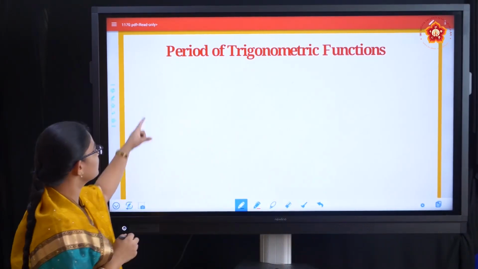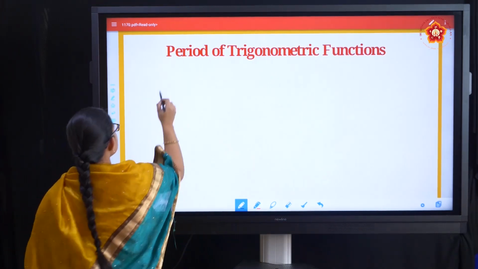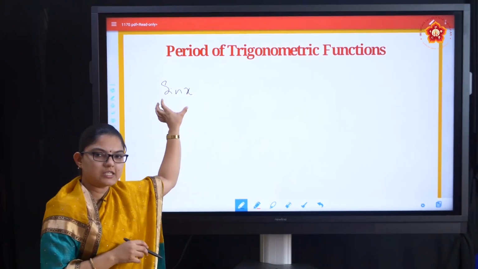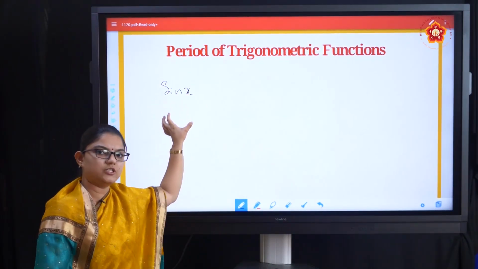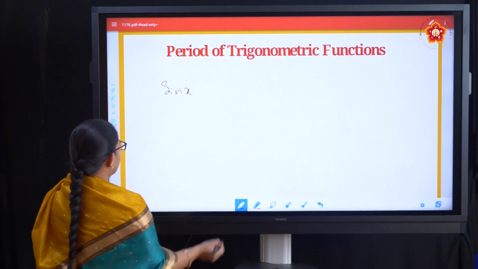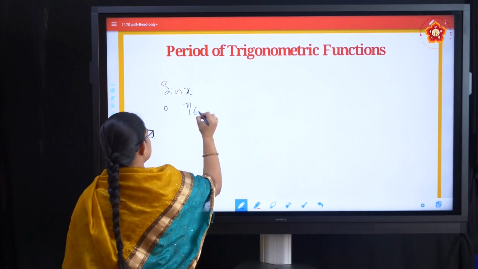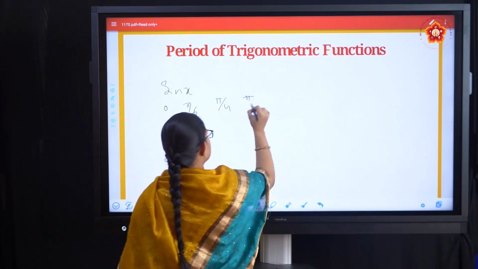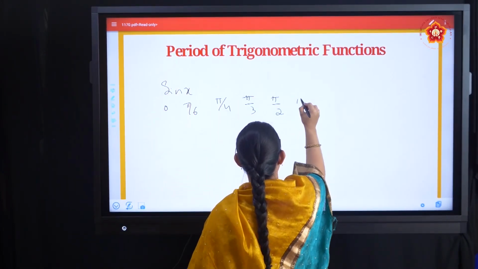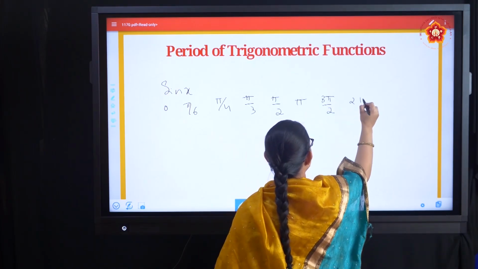Now let us discuss the period of trigonometric functions. Coming to the sine function, we know that the value of sine repeats after 2 pi. We know the values for sine at 0, pi by 6, pi by 4, pi by 3, pi by 2, next pi, next 3 pi by 2, and next 2 pi.